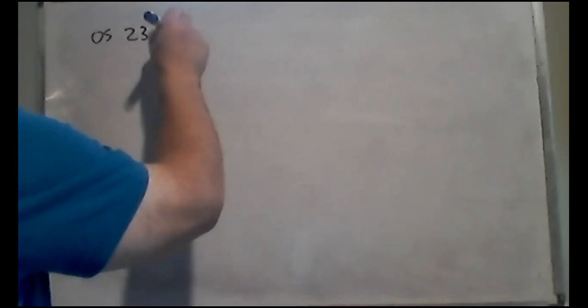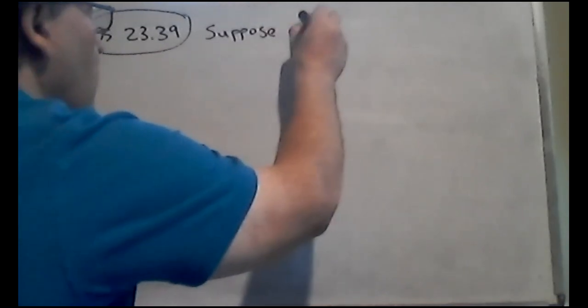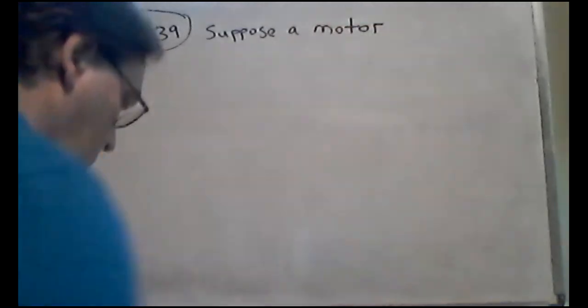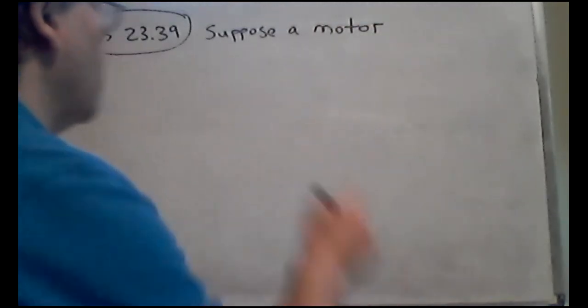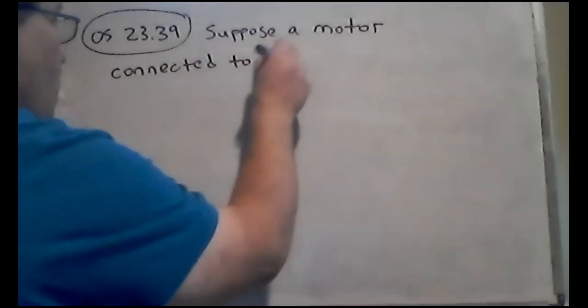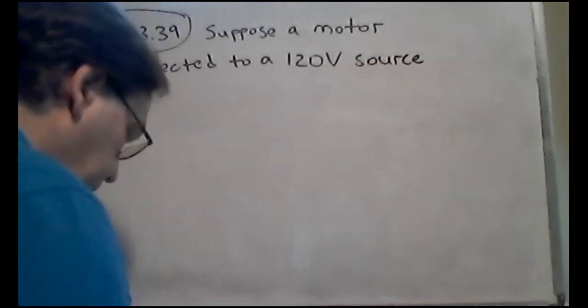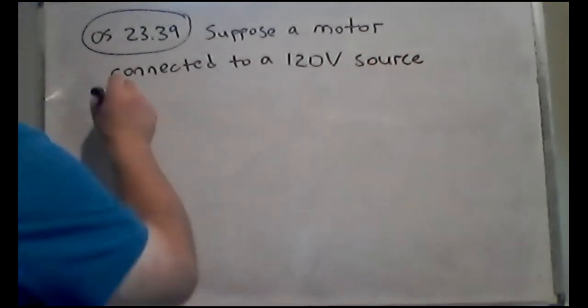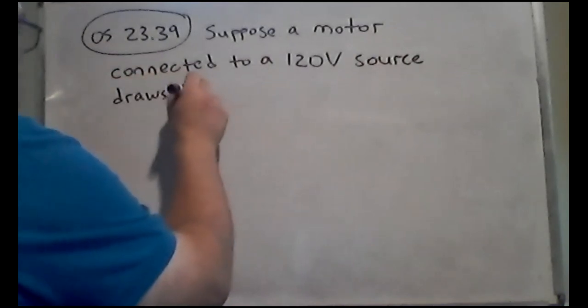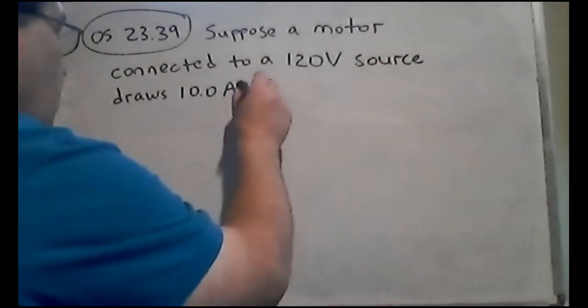It says, suppose a motor connected to a 120 volt source draws 10.0 amperes when it first starts, and that's your I naught.